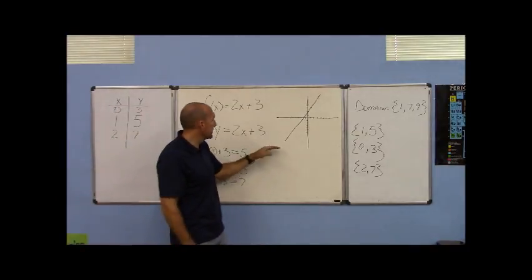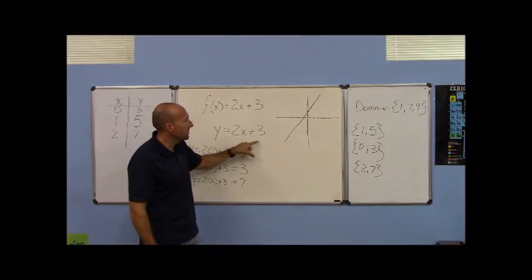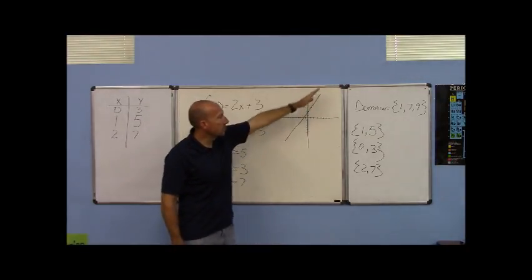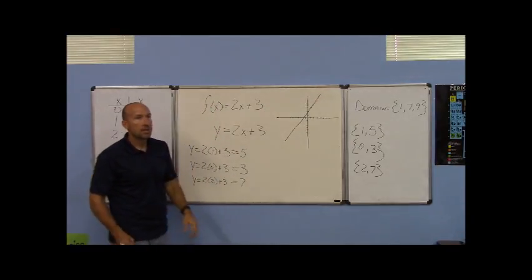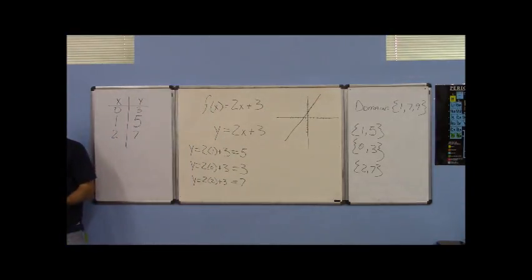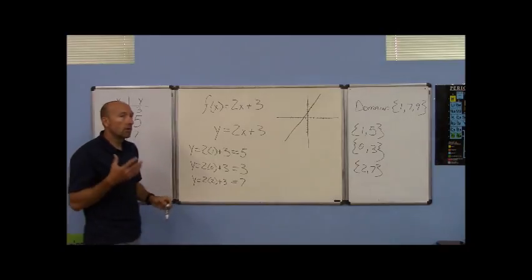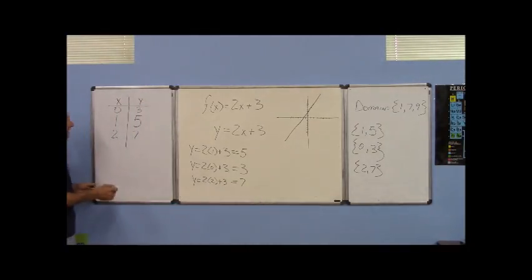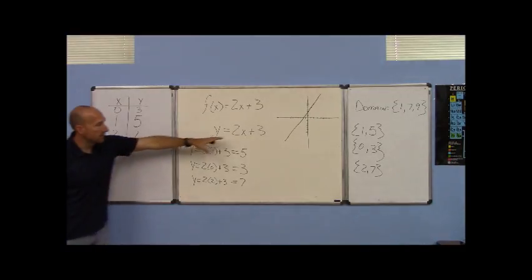So this is our linear equation, y equals 2x plus 3. This is what it looks like. It will be a line going in this direction. Sometimes it may be helpful, depending on what you're trying to establish, to choose a negative number. Let's do -1 and figure out what this is.